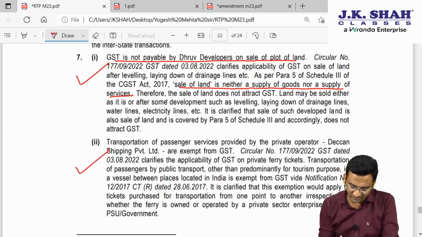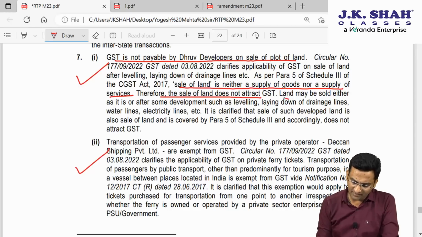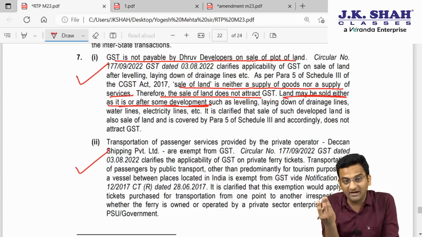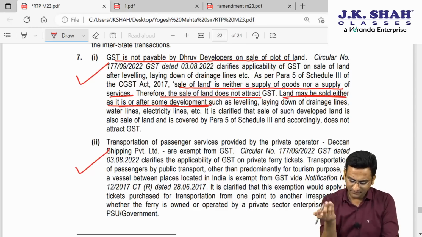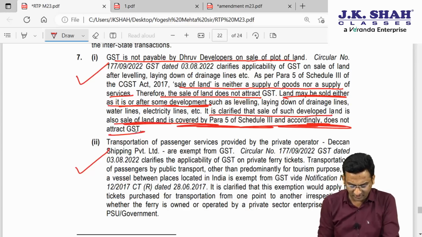Therefore, sale of land does not attract GST. The land may be sold either as it is or after some development. The same lines which we had read are given here. It is clarified that the sale of such developed land is also a sale of land and is covered by para 5 and accordingly does not attract GST.